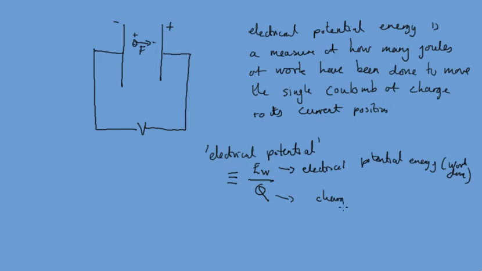Tidy that up. Q is the charge, and that's in coulombs. Sorry, I wrote the coulombs, and obviously the work done is in joules. This electrical potential is often just called the potential, and it's measured in volts. So 1 volt is the equivalent of 1 joule of energy being used to move 1 coulomb, per coulomb. So 1 volt is 1 joule per coulomb.